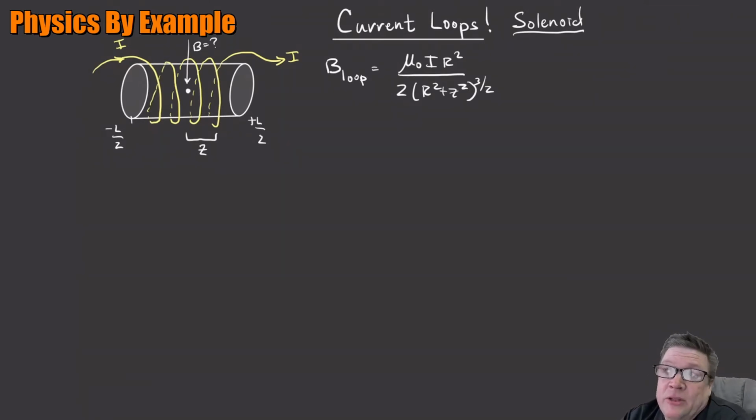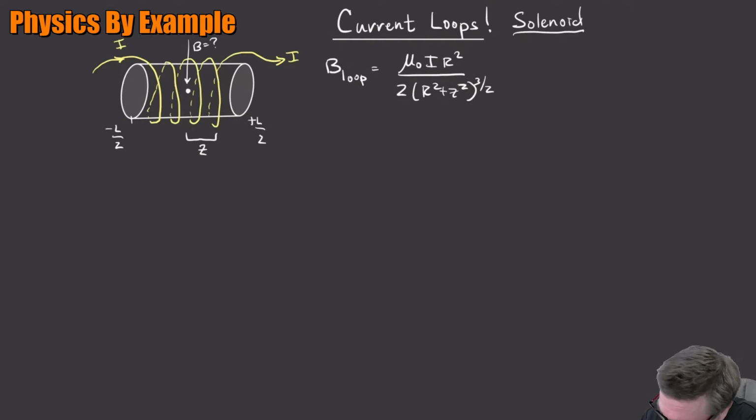There's a particular loop right in the middle, where z is 0, and then there are loops where z is further away. So I'm going to have to integrate over all of those loops, integrating this expression for all the different distances these loops are from the point I want.